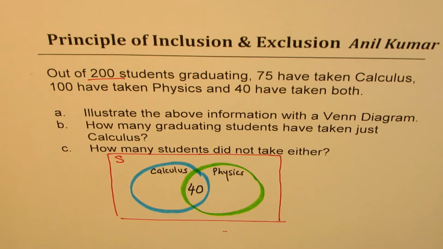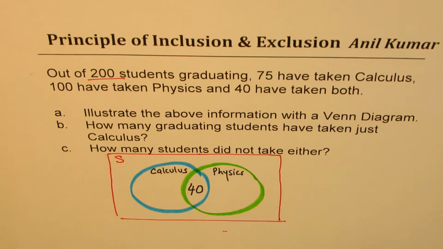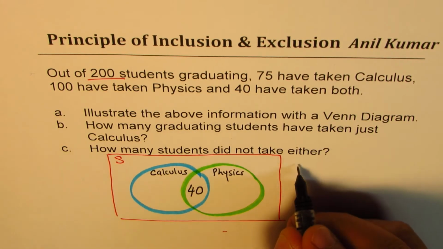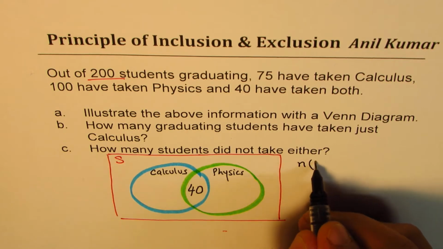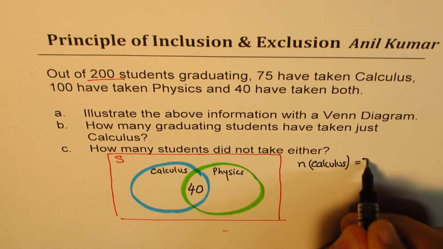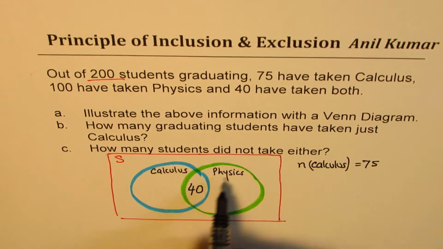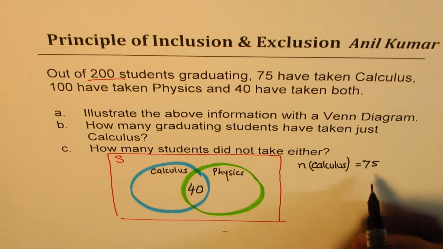Is that okay? Now, total number of students taking calculus is 75, right? So we can write here number of students taking calculus is 75. Now 40 have taken both, so how many remain?